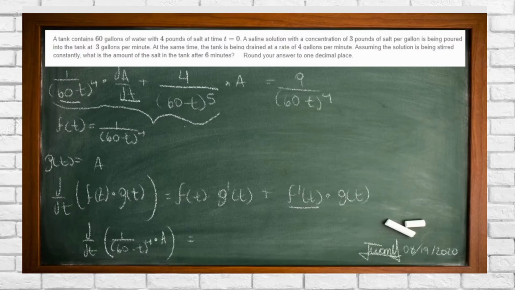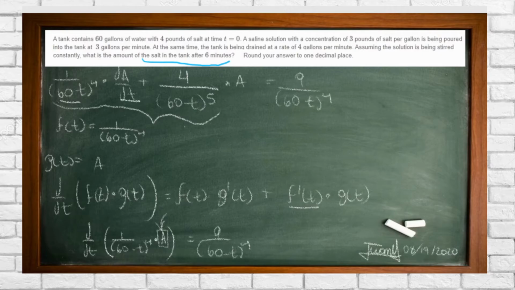And this is going to be really useful because, remember, what we're looking for is what this equation is equal to. In this differential equation, the answer is an equation that will give us the amount of salt after 6 minutes.